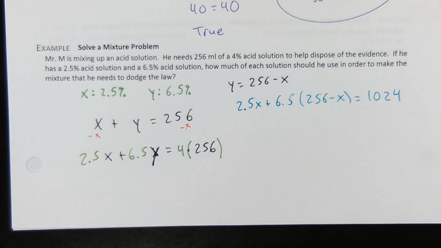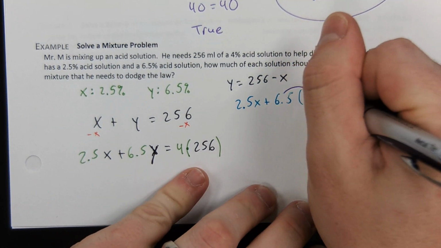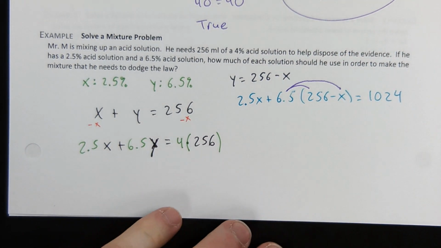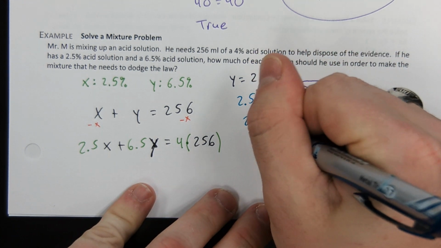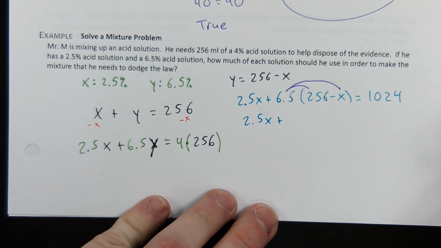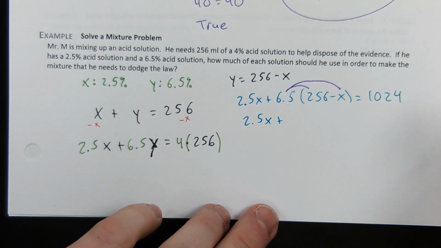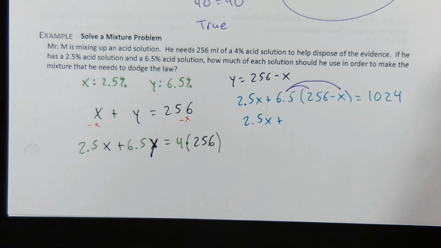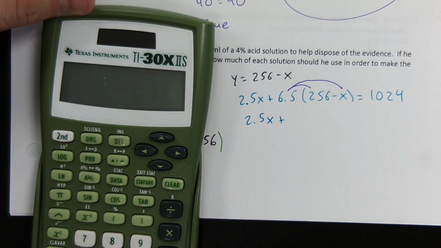Now we just distribute like we did before. So we distribute the 6.5. I'm going to get 2.5x plus, is it 1660? I think it's 160. What is it? 1664? Okay, I'm doing it from memory from a while ago.